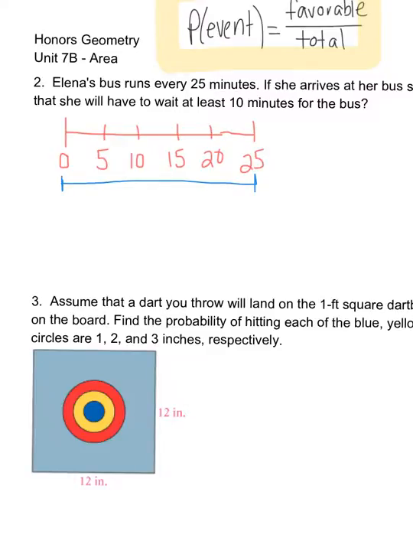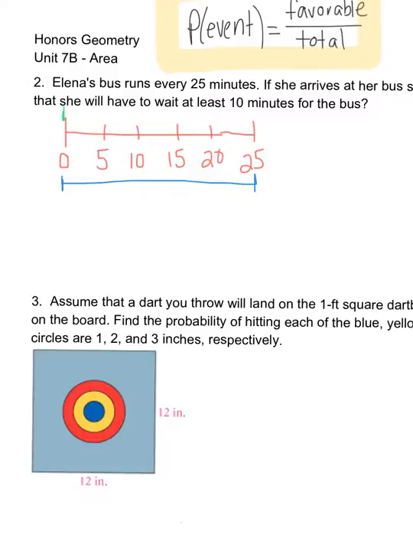Now I have to think about where on this number line she would have to wait at least 10 minutes for the bus, because that would be the favorable part of our fraction. I'll go through this step by step. If Elena just missed the bus, she's at 0 on the number line because there's a whole 25 more minutes until the next bus comes. So at this spot, she definitely has to wait at least 10 minutes.